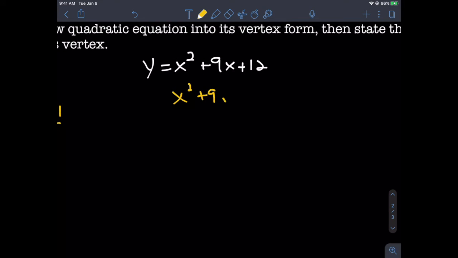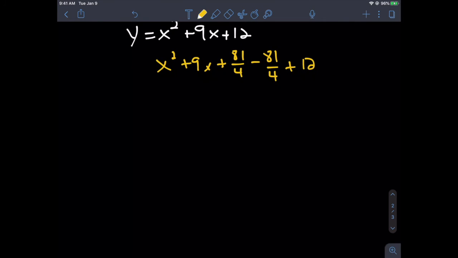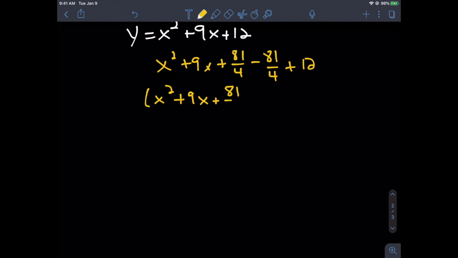This is going to give us x squared plus 9x plus 81 over 4 minus 81 over 4 plus 12. We will group our perfect square trinomial next. That would be x squared plus 9x plus 81 over 4. And then we keep the rest of our equation the same.